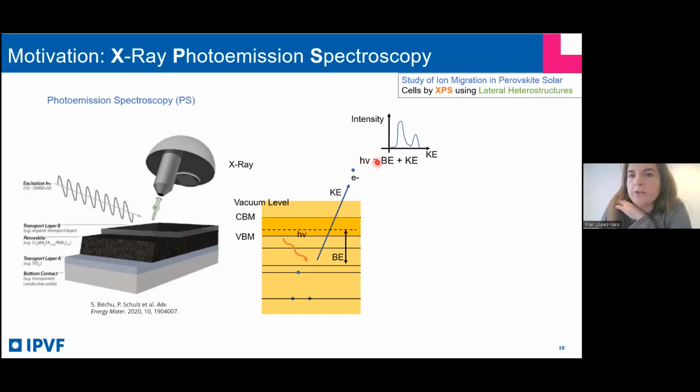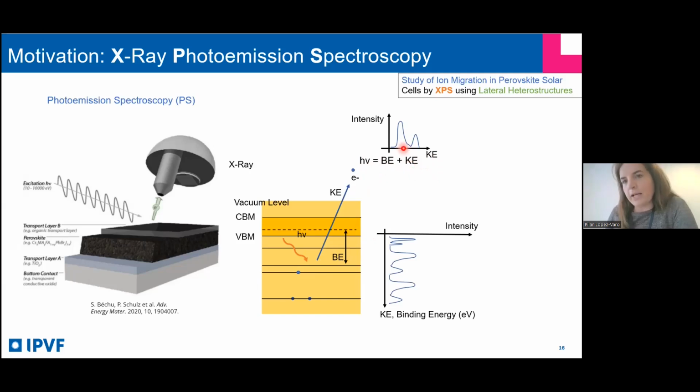The total energy should be equal to the binding energy, the energy needed to leave the material, plus the kinetic energy that we are getting. And like this, we can plot the spectrum of our material.